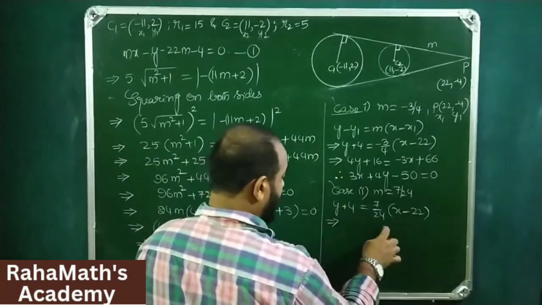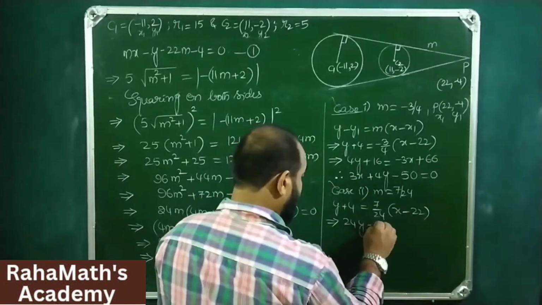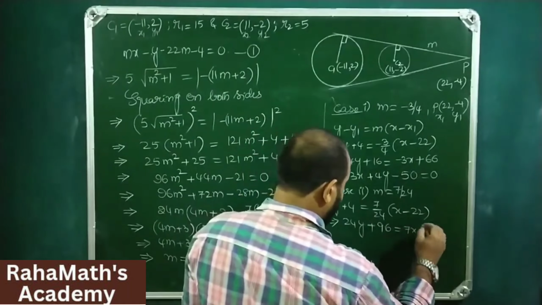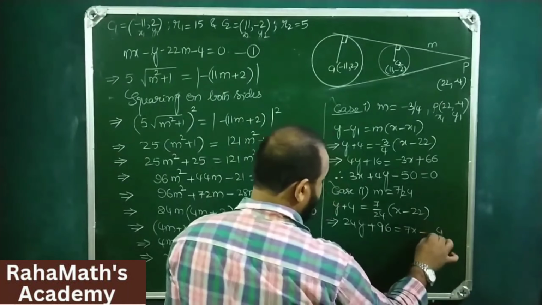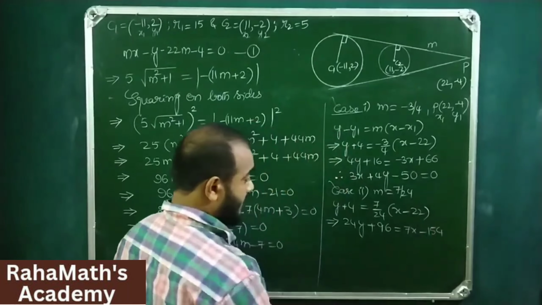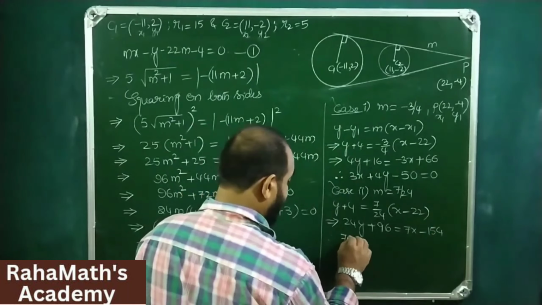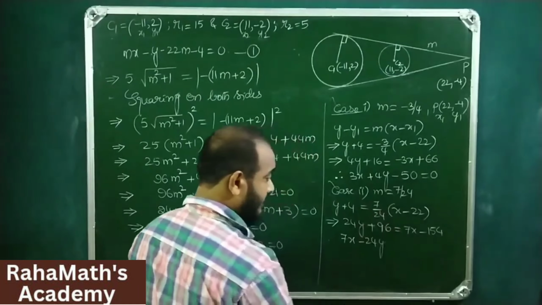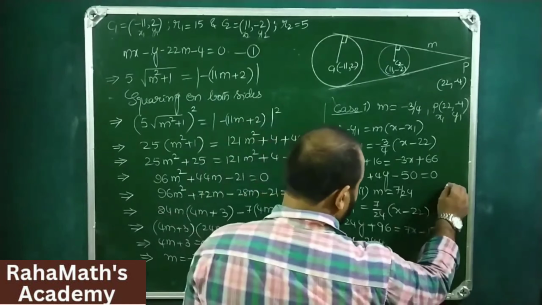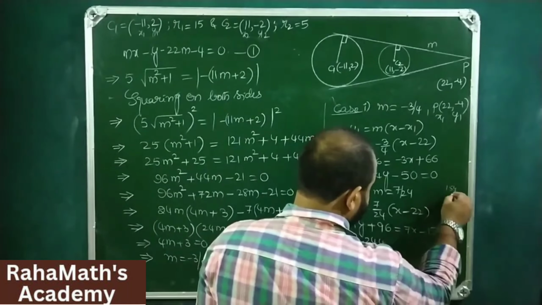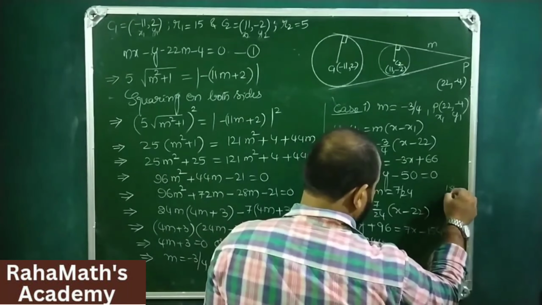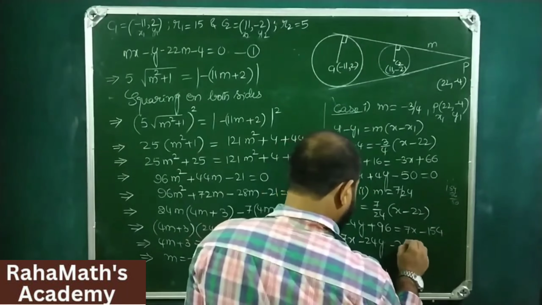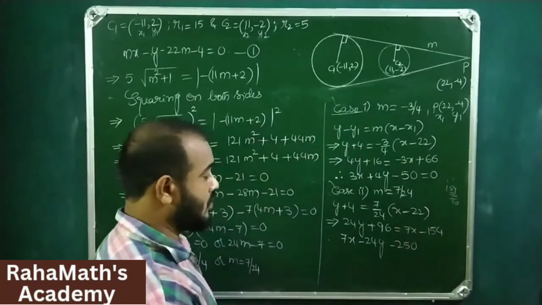That gives 24y plus 96 equals 7x minus 154. So this is 7x minus 24y minus 154 minus 96, so minus 250 equals 0.